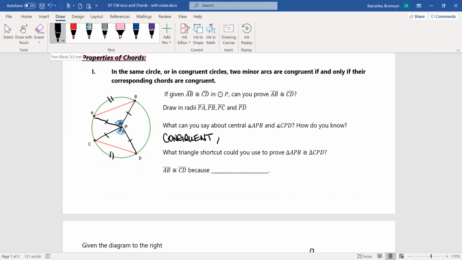So I'm going to say congruent central angles because the arcs are congruent. And what triangle shortcut could we use to prove that the two triangles that you see are congruent? Well, to me, it looks like side angle side.